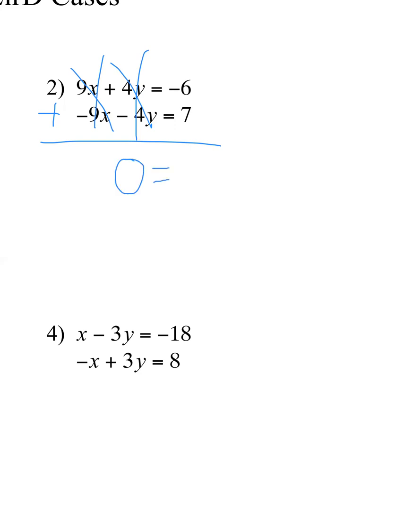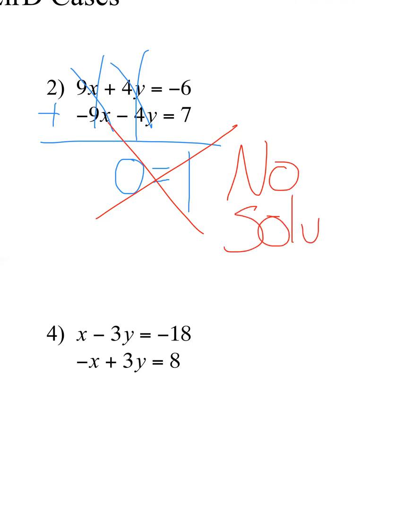But now on the right-hand side, negative 6 plus 7 is 1. Does 0 equal 1? Hopefully you're saying, of course not. That is not true. So what does that mean when you get a bogus solution, something like that, that's not a true statement? Hopefully you are thinking in your head, no solution.